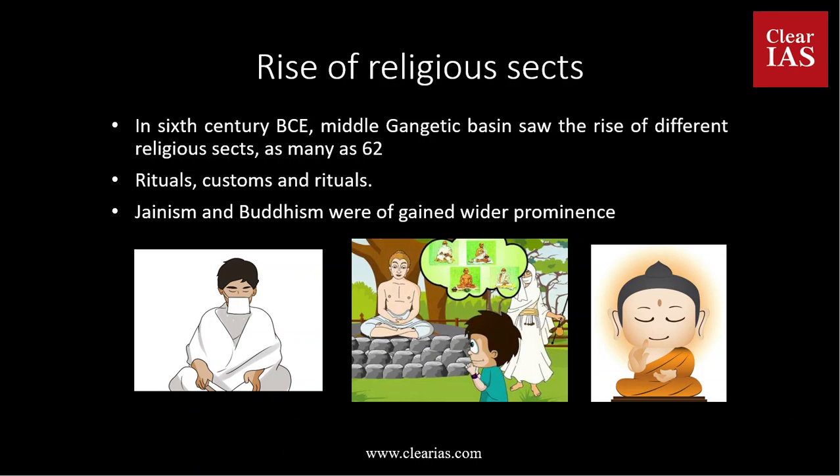However, we speak of Jainism and Buddhism as these two sects were the religious domains that gained a lot of popularity and also significance in the cultural aspect of ancient Indian history.